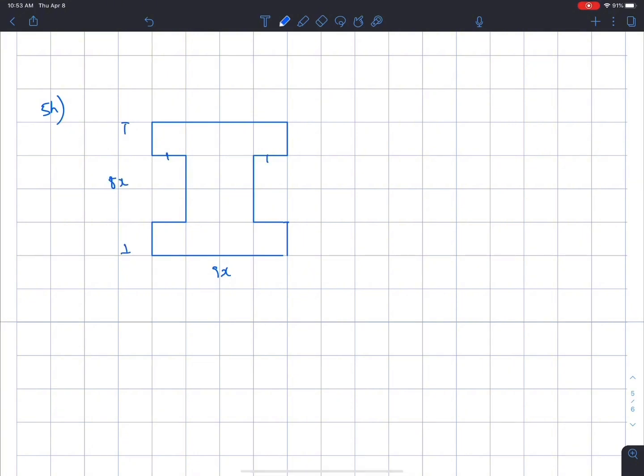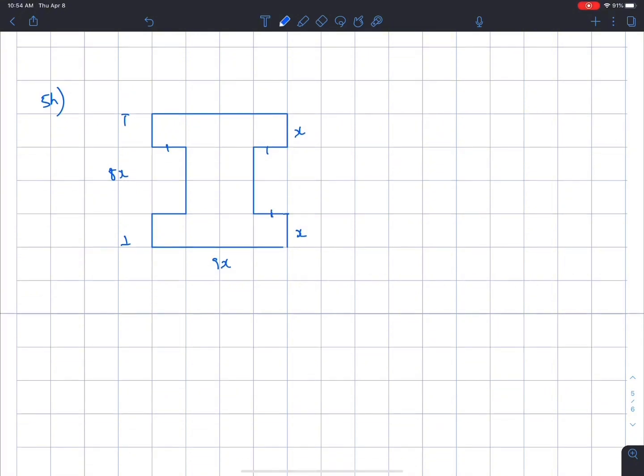These are the same. And this is x. So if that's x, this is also x. Okay. These are 3x.